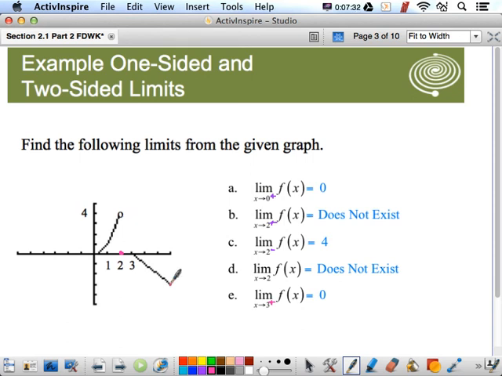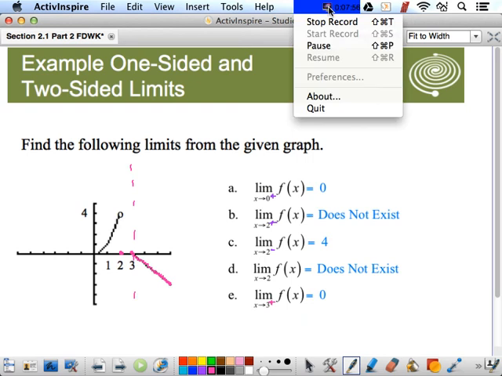Okay, so I'm going to come in over here from the right. What y value am I heading for? 0. And that's why it's 0. What's 3 from the left? It's not asked of us. It doesn't exist, right? Because there's nothing coming in. If you imagine along here, there's nothing coming in towards that x value anywhere.